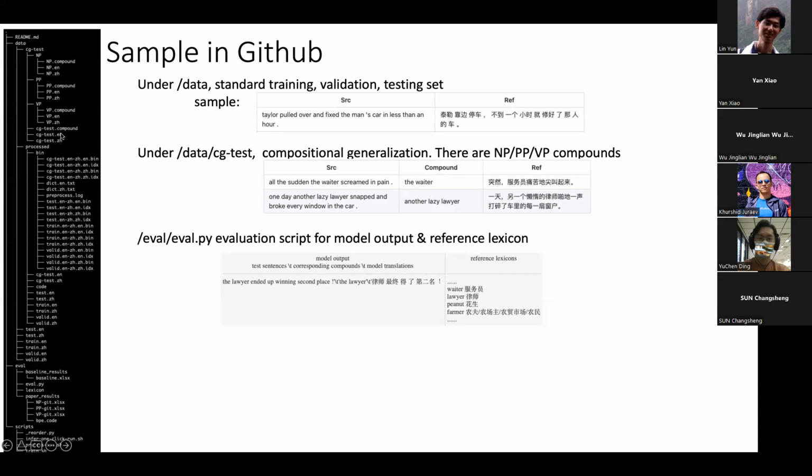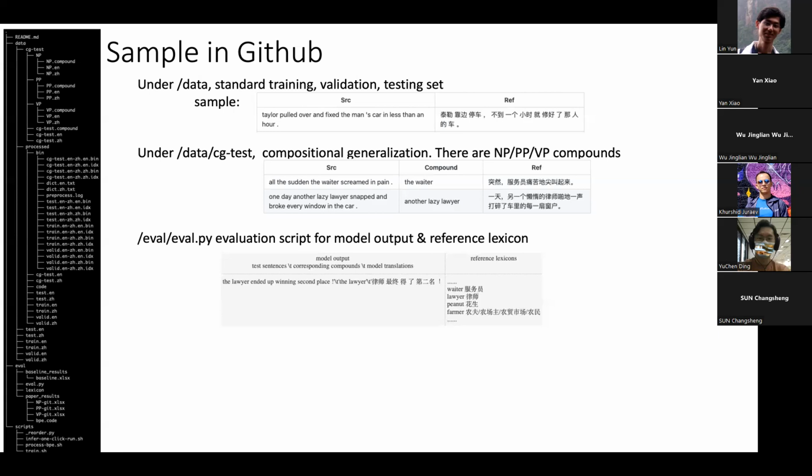Now that they have test data, I'm asking how do they synthesize the testing data, or how do they pick it? This is a data set specifically designed for evaluation of compositional generalization. So how do they do this?